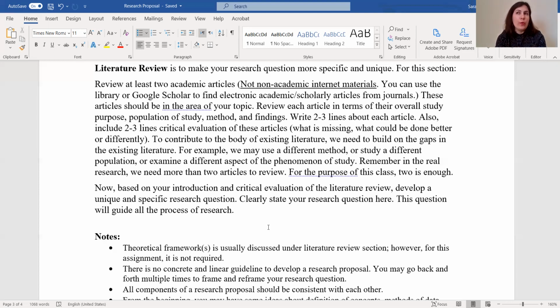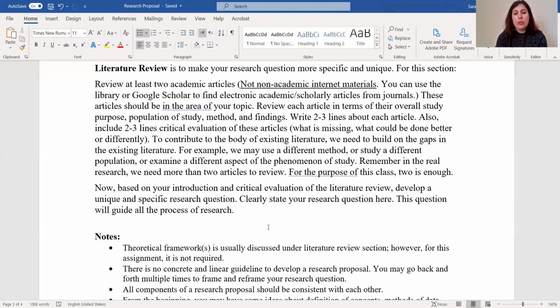For example, can you apply a different methodology, or can you define the concepts differently, or can you examine a different subgroup of population, or many different things that you can criticize in the existing literature and build on its gaps to address the existing gaps. Based on this literature review and critical evaluation of it, you can narrow down your research question more and be more clear and more unique.